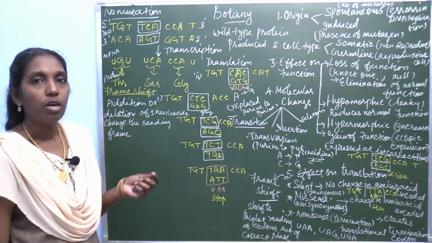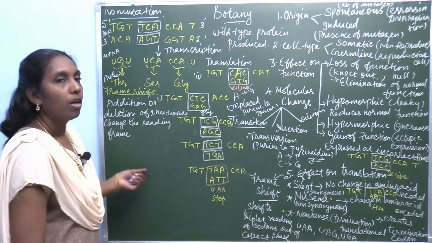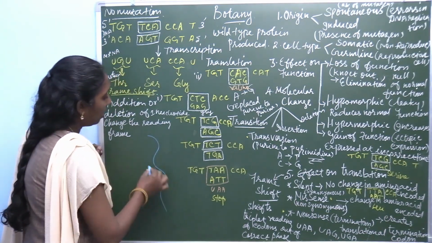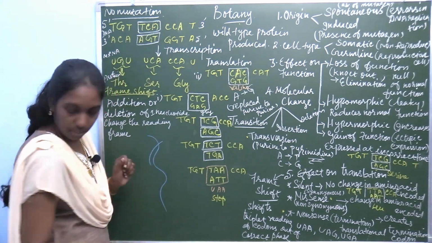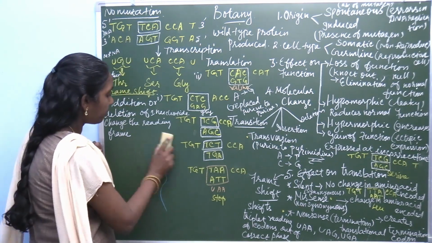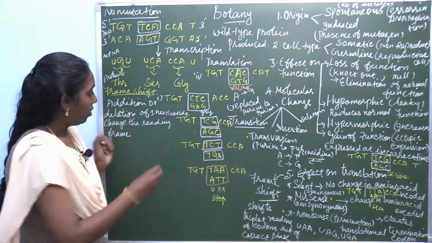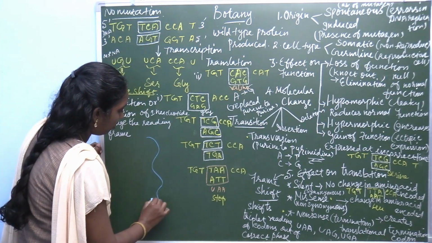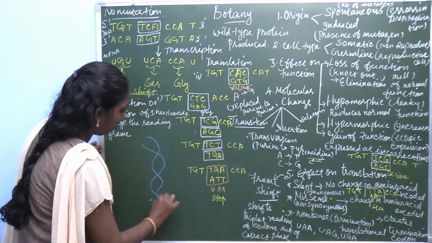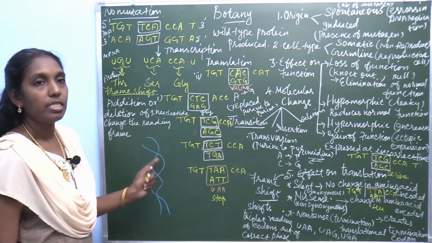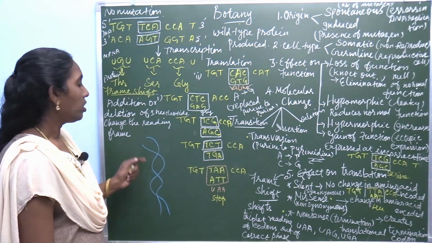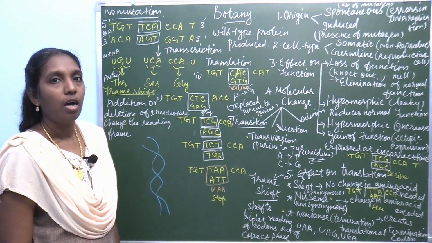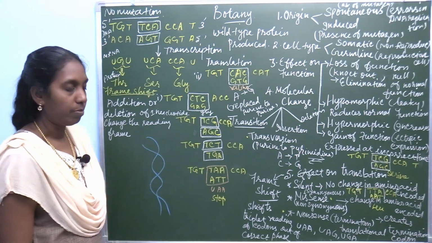You all know about the structure of DNA. When you see the structure of DNA, it contains a double strand, the DNA helix, which is made up of nucleotides. How is this sequence of nucleotides made?